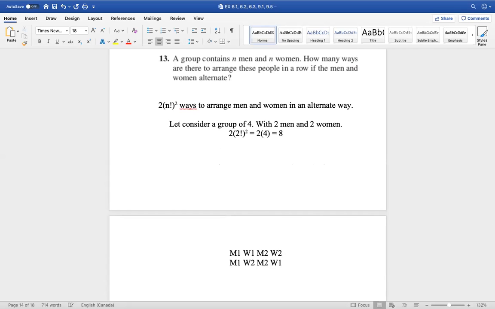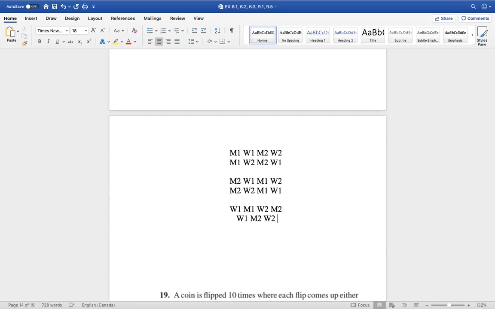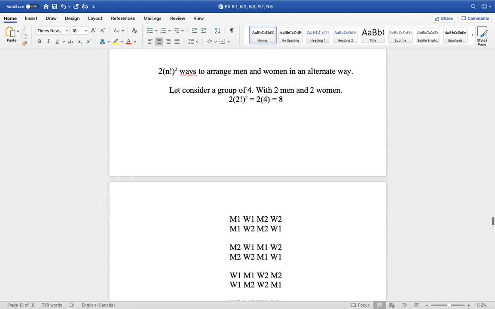Then we have woman 1, m1, woman 2, m2; woman 1, m2, woman 2, m1; woman 2, m2, woman 1, m1; and lastly woman 2, m1, woman 1, m2. So we can see that there are 8 ways.